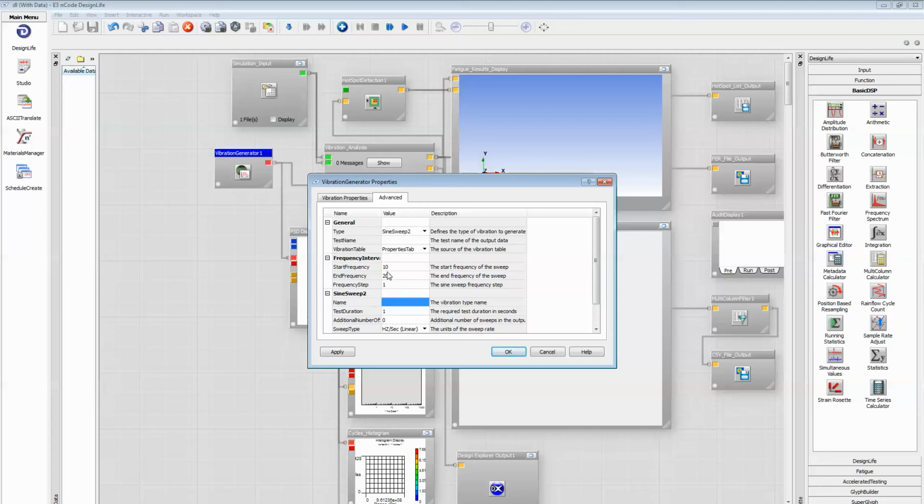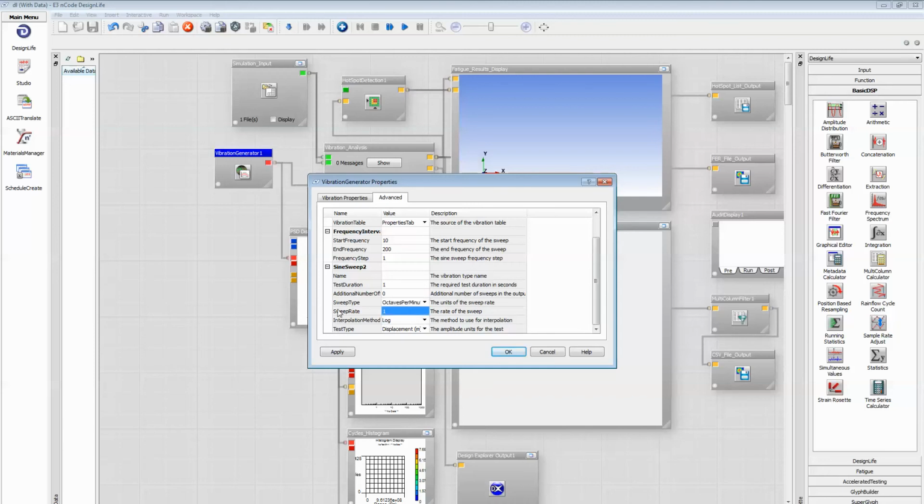If you are working in a very small range, then you can reduce this frequency step size. Another important thing is the sweep type, we are going to do octave per minute, and sweep rate is 1 octave per minute, and we can use the log interpolation method, and the test type is G here.